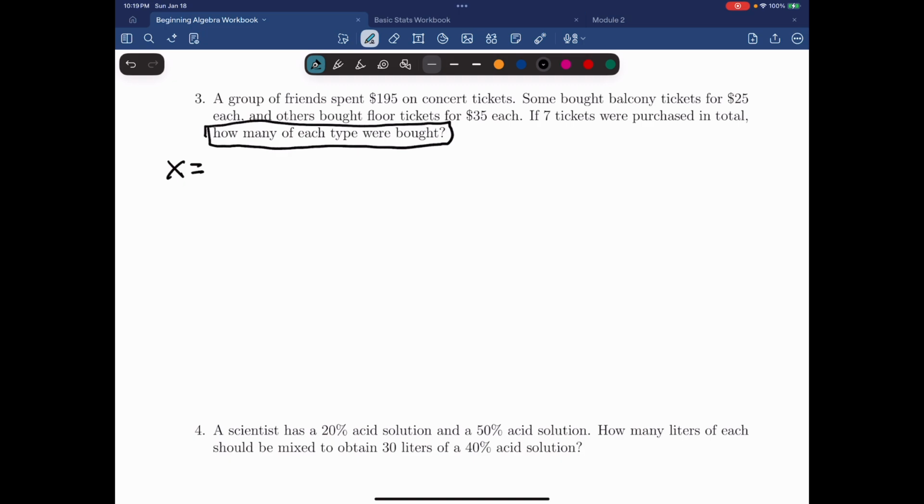So let's say I'm going to assign x as the amount of balcony tickets. And then y represents our floor tickets. Now I'm going to set up the system because we've assigned what our variables mean. So I'm going to write it over here.